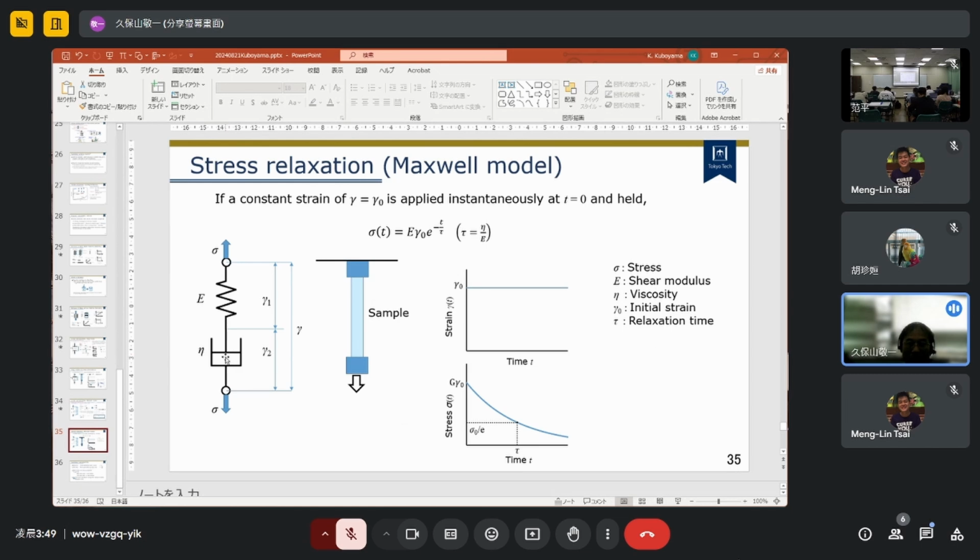If the dashpot moves, the spring part shrinks gradually. So the total stress of the sample becomes lower, and finally goes to 0. This behavior can be represented by this equation. That is the Maxwell model.